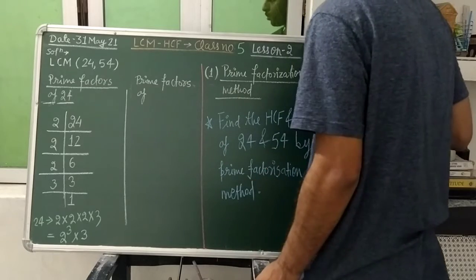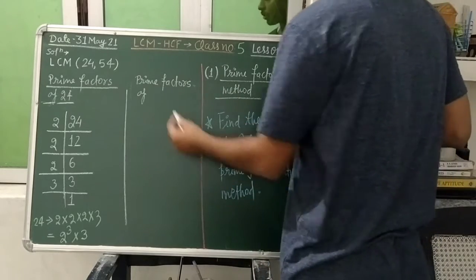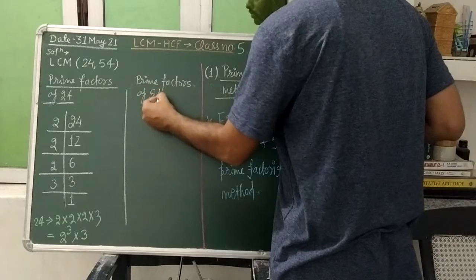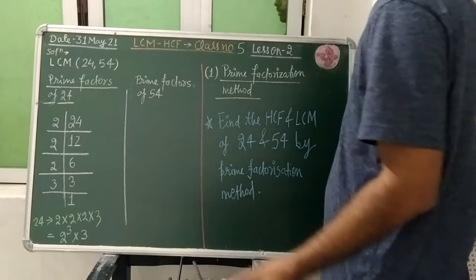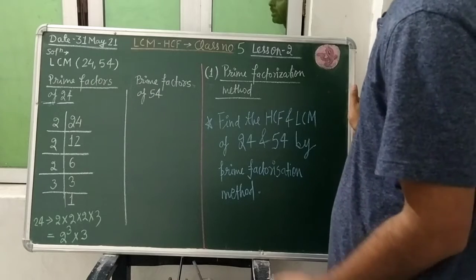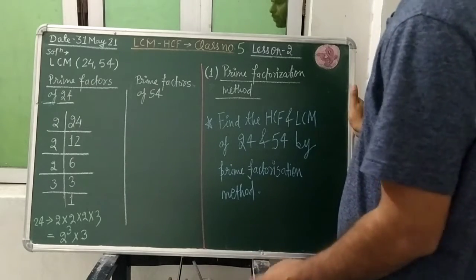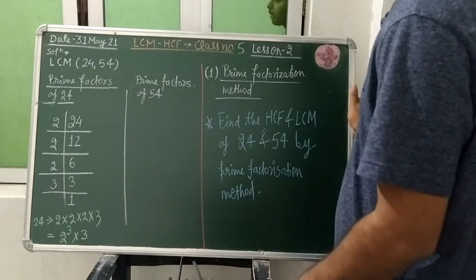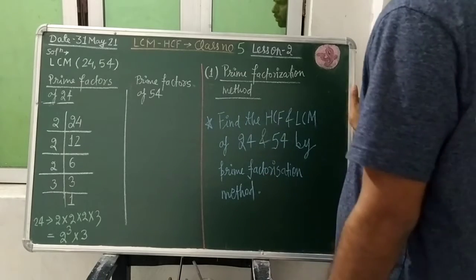Next we shall move to the prime factors of 54, as we want to know the LCM and HCF by the prime factorization method. That is why we shall first calculate the prime factors of the numbers given to us.